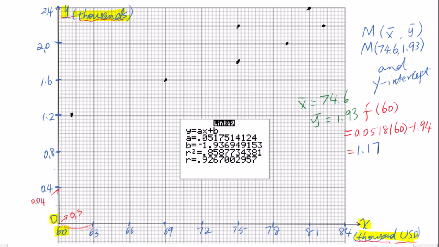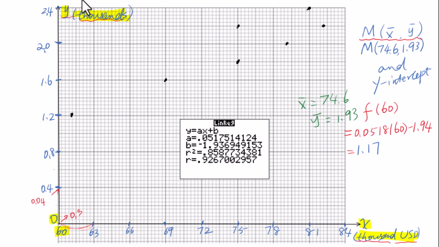As the advertising cost increases by $1,000, the number of tickets sold increases by 51.8. When we sketch a regression line on graph paper, make sure the regression line passes through 2 points. One is the mean point, x bar, y bar. Then the y-intercept. The x-axis starts from 60, not from 0.